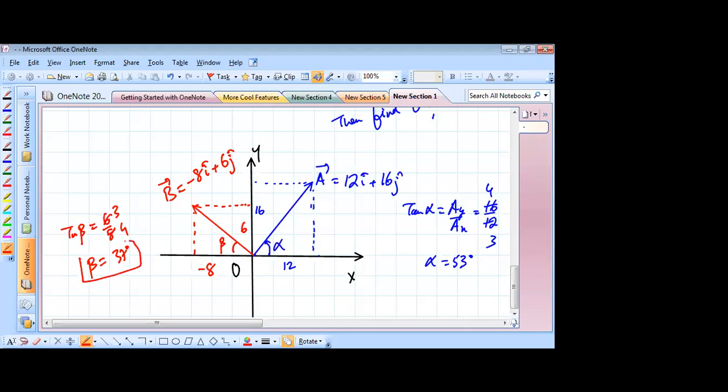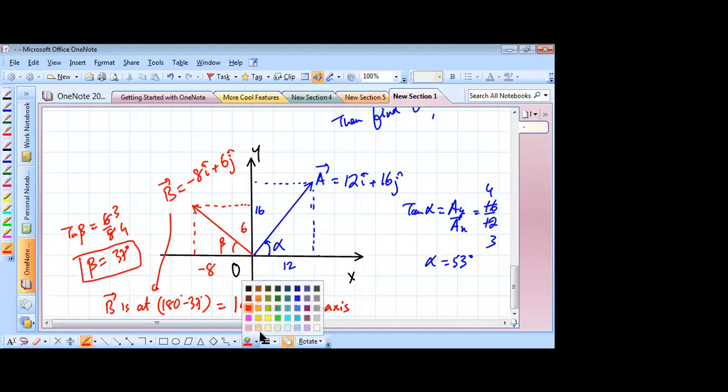Okay. So as far as the vector B is concerned, B is at 180 minus 37, or 143 degrees with respect to the positive x-axis.